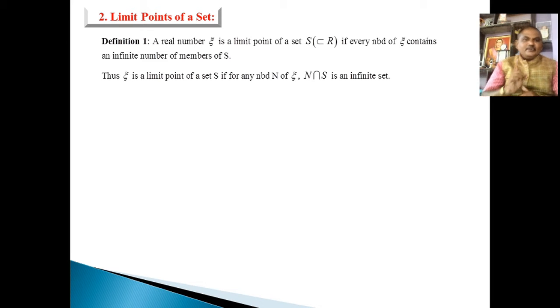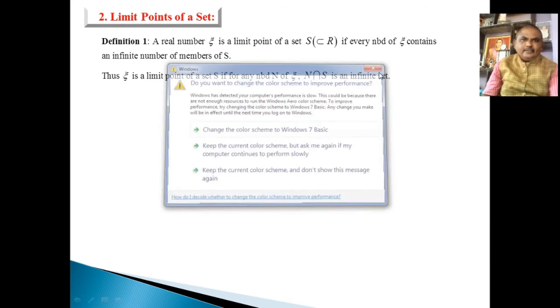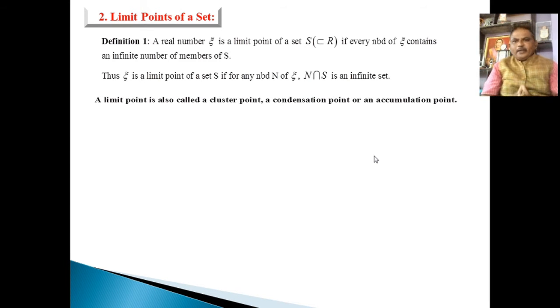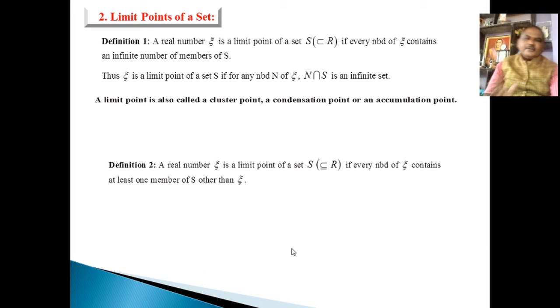Every neighborhood of xi contains an infinite number of members of S means, suppose that the capital N is a neighborhood of the point xi, then the intersection of this neighborhood set and S is an infinite set. A limit point is also called a cluster point, condensation point, or an accumulation point.